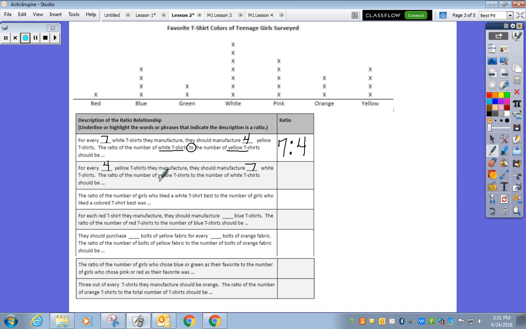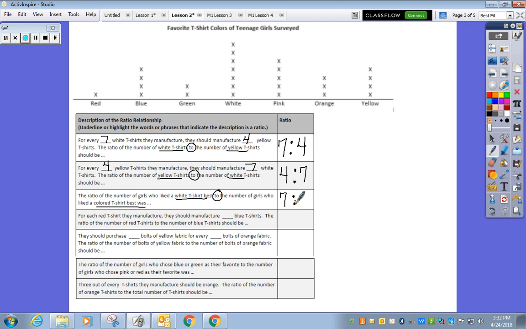Same numbers that we've used for yellow, 7 white. And now the order is changing. So now it's yellow to white. So yellow is 4, white is 7. The ratio of the number of girls who liked white t-shirt best to the number of girls who liked a colored t-shirt best was. Now this is a little different. White stands alone here, so we can use the same number of white that we had, which is 7.